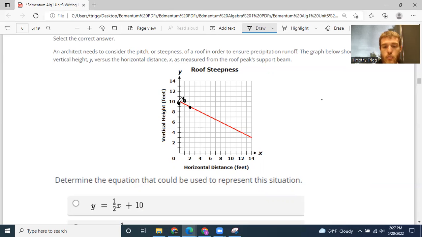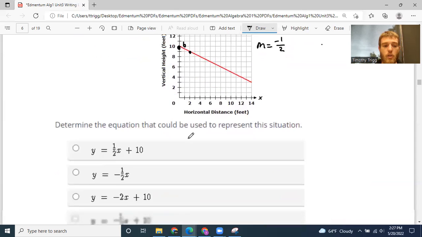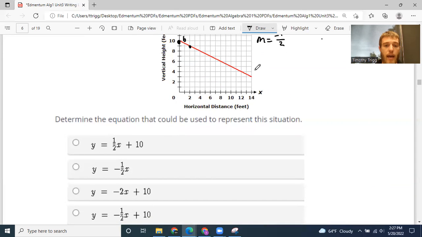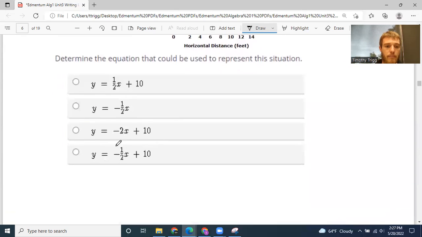To go from this y-intercept to this next point, we would go down 1 over 2. Our rise was down 1, and our run was over 2. So our slope is -1/2. So which of these equations has a slope of -1/2 and a y-intercept of 10? That's this one.